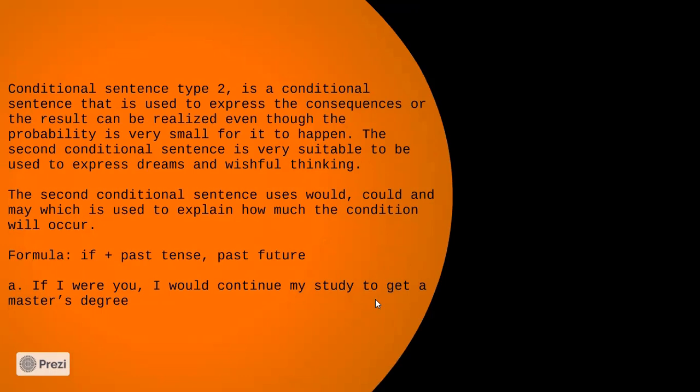The second conditional sentence uses would, could, and may, which is used to explain how much the condition will occur. Formula if plus past tense and past future. For example, if I were you, I would continue my study to get a master's degree.